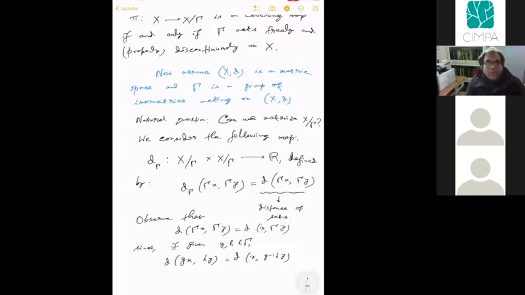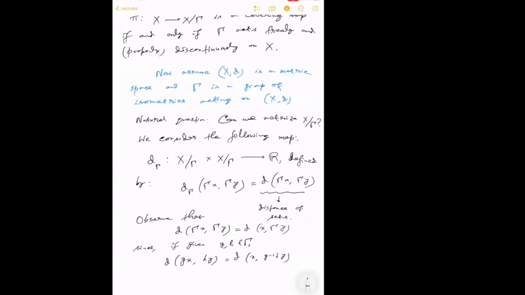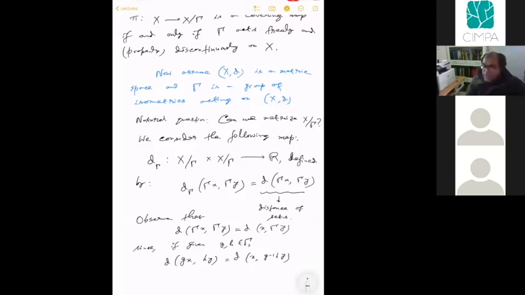So the infimums of both sides are equal. This is an observation that you should keep in mind.